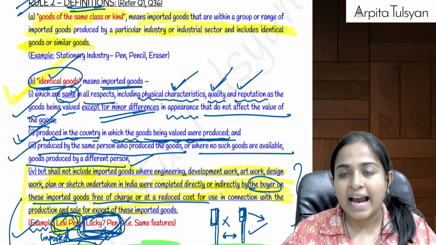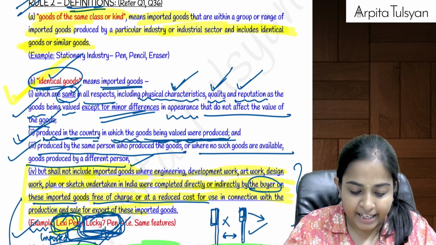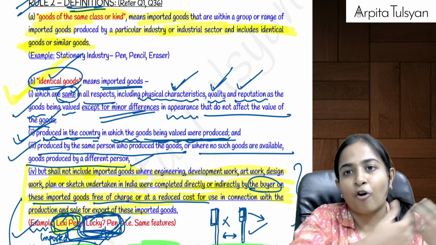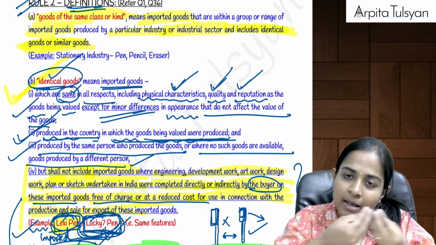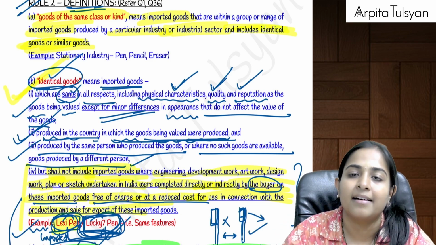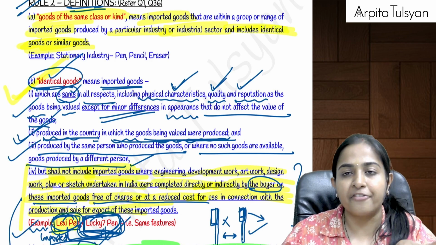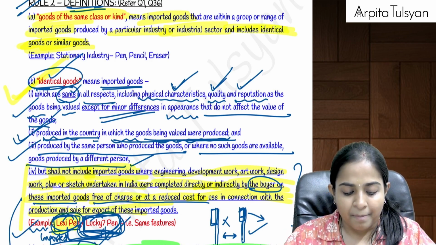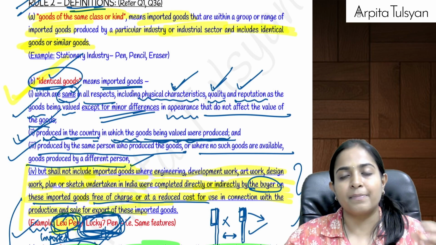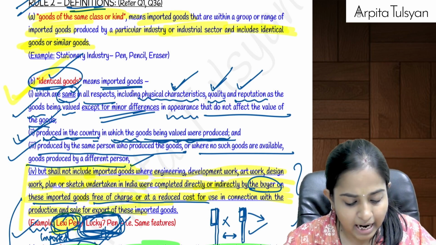If we have done the payment for artwork, designing, engineering for that particular product from India, then can we say the product prices become comparable? No, because some cost has been incurred here in India itself. So that will not be considered as identical goods if the buyer has made the payment for that artwork, engineering, etc. here in India. Are you clear with this?